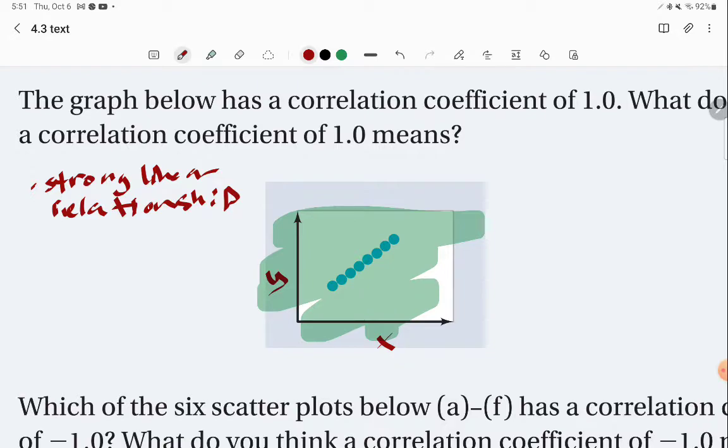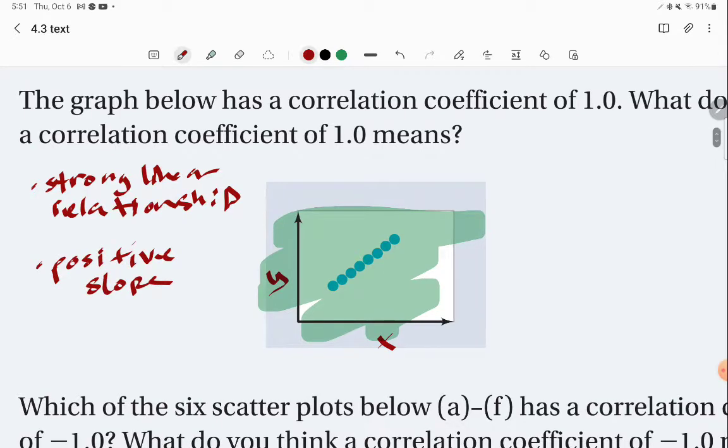And then also it has a positive slope. We should have those two things down. If it's a 1, I should be able to draw my line through here and touch every dot, or almost every data point, on that graph.